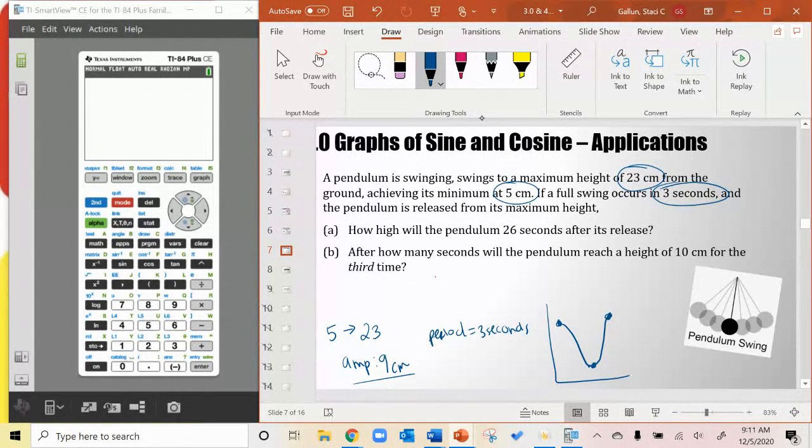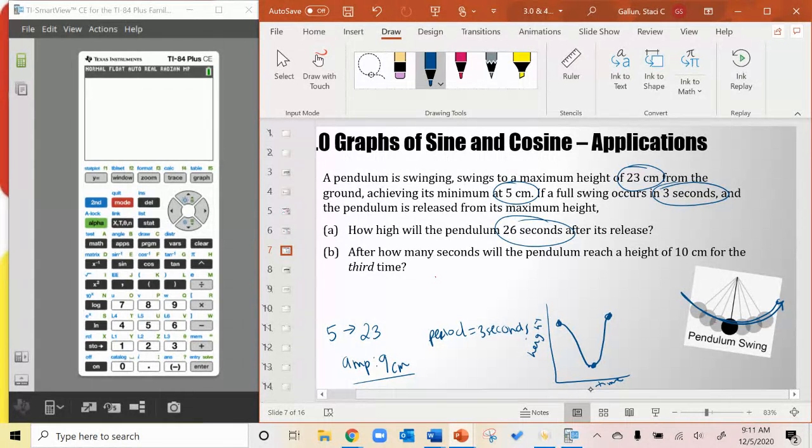So if I were to graph the time since it started, to its height, it's like if I drop it from here, it's going to swing and then swing back. That's the idea of it. That's one full cycle of it. So how high will it be after 26 seconds?